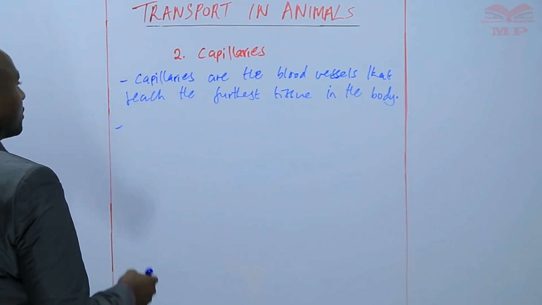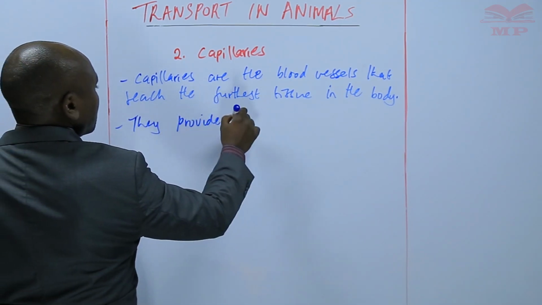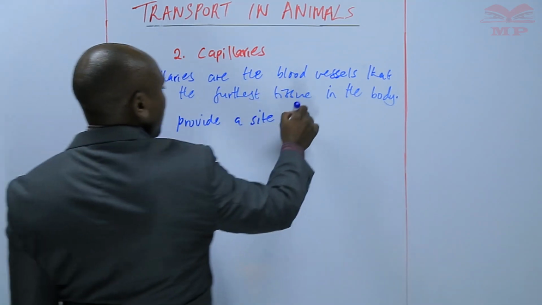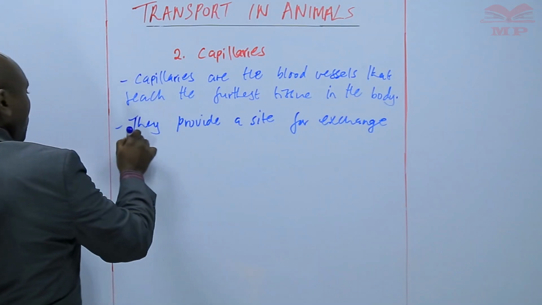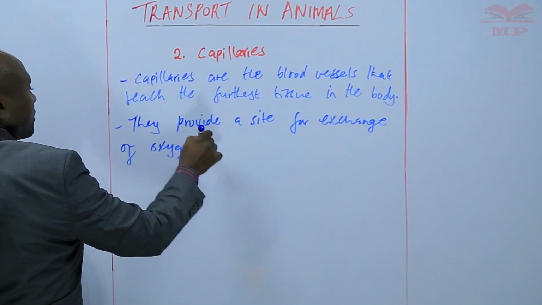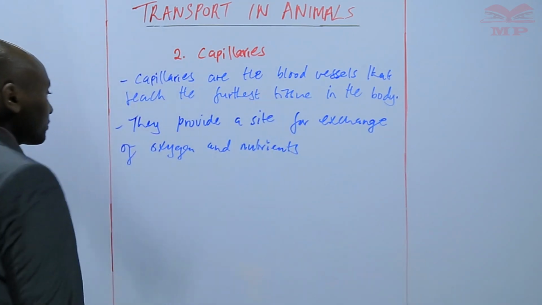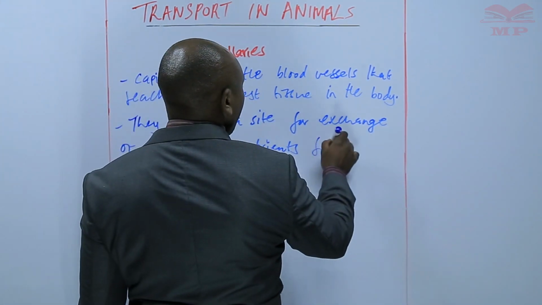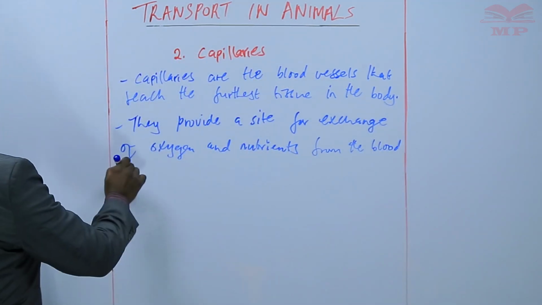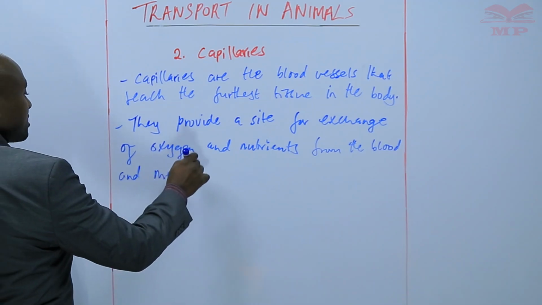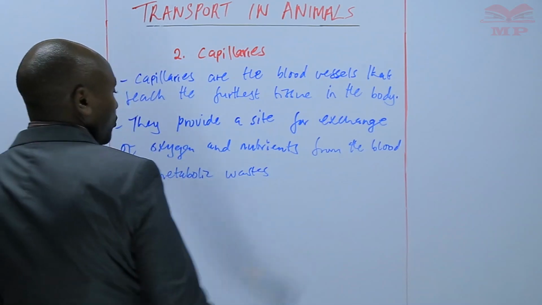And also they provide a site for exchange of oxygen and nutrients from the blood and metabolic wastes from the tissues.